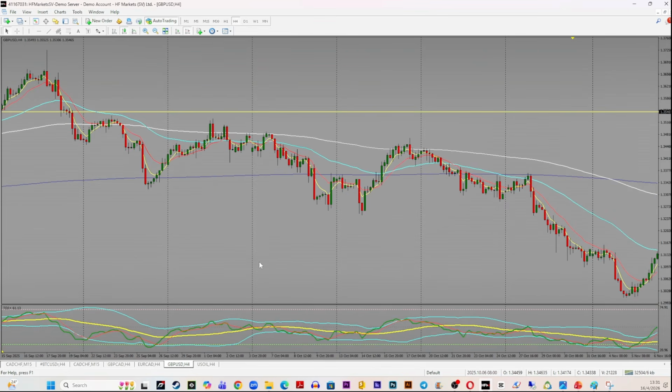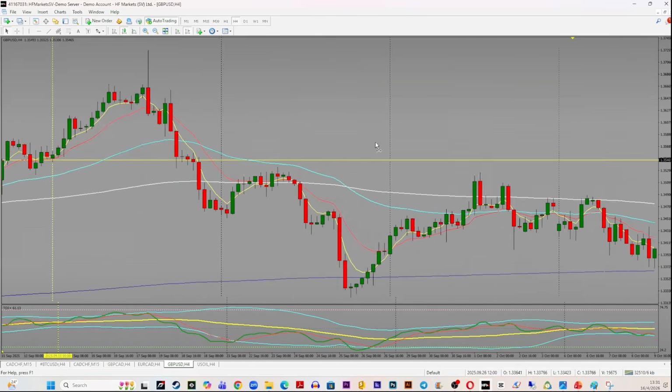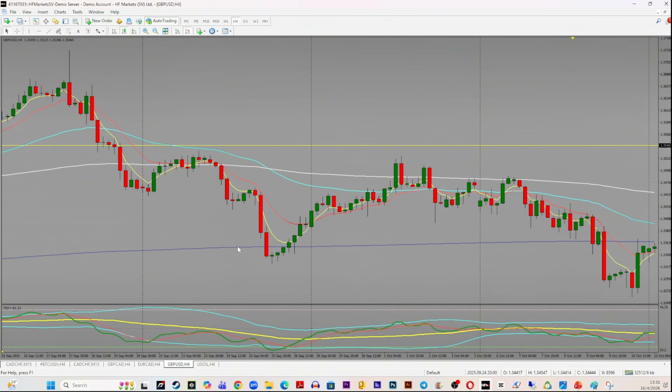All right, so this is pound against the dollar, and I'm going to illustrate what I was explaining. I'm going to start right here. That was September 2025, where we had this particular crossover of the 50-200 EMA, and after that crossover, what did we get?